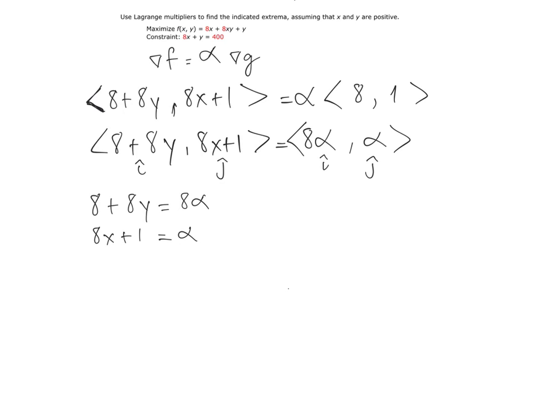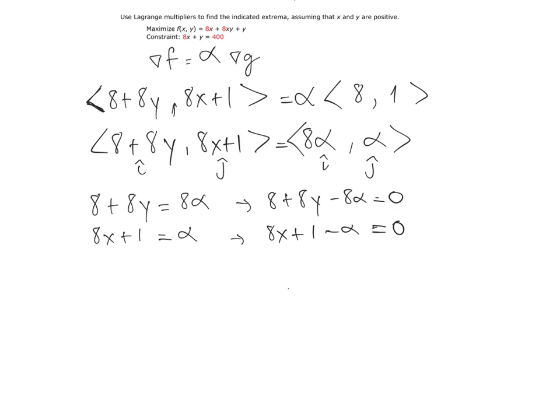Now you can solve this simultaneously by plugging this into the matrix. So you would just have 3 variables, equal to 0, and then 8x plus 1 minus alpha.